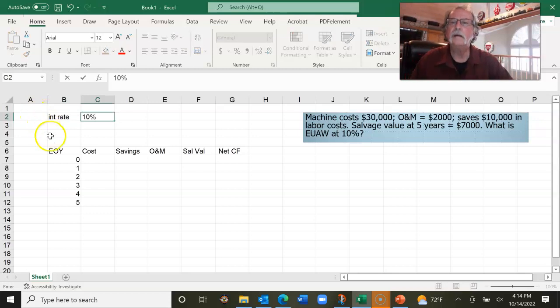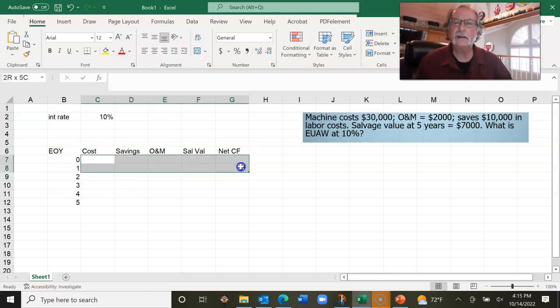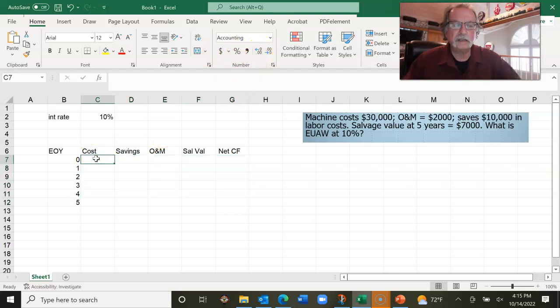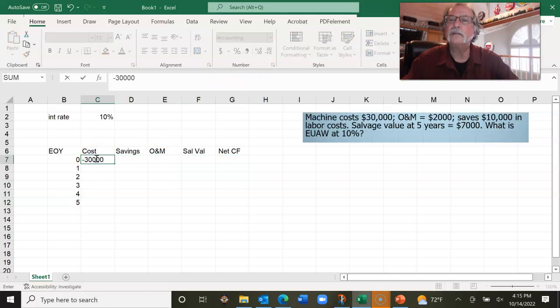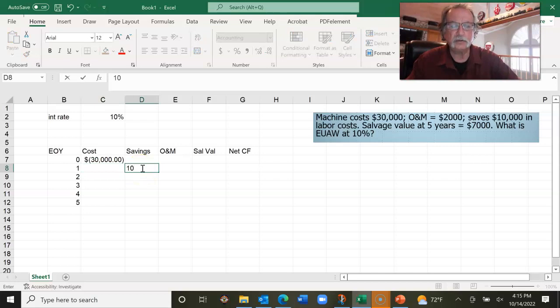Okay, I'll put these all in as dollars. Our cost, we're going to spend $30,000. Now I'm indifferent if you want to treat the cost as a positive value, as long as you subtract it when you calculate your net cash flow. Our savings is $10,000 per year.